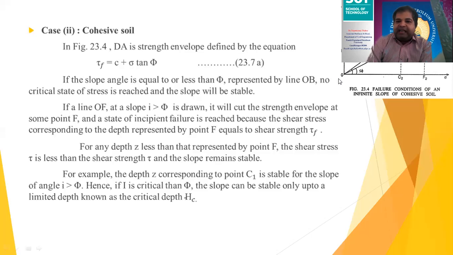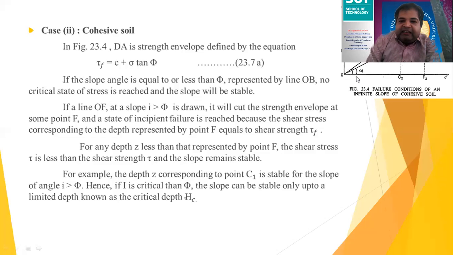Now let us go further. If you draw a line OF which has an angle i greater than the value of phi, you can see this angle is greater. This is the line OF.